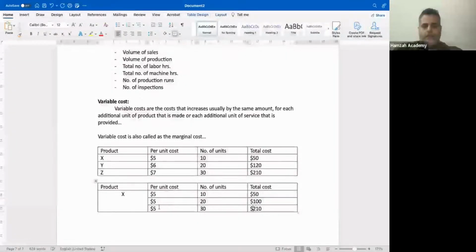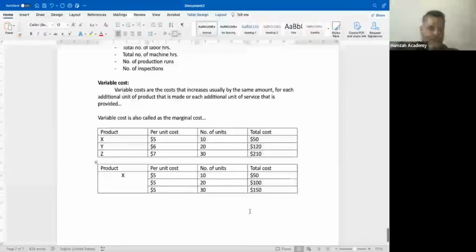And over here, 5 threes are 15, and 150. Right. So now look over here. If I have a product X, per unit the cost is the same, 5 per unit, right? If I make 10 units, the cost is 50. I make 20 units, the cost is 100. And I make 30 units, the cost is 150.